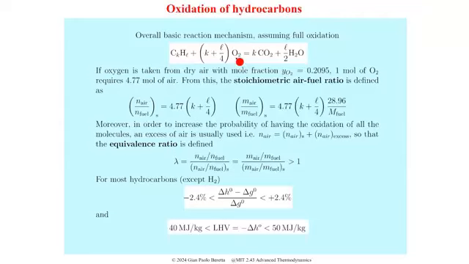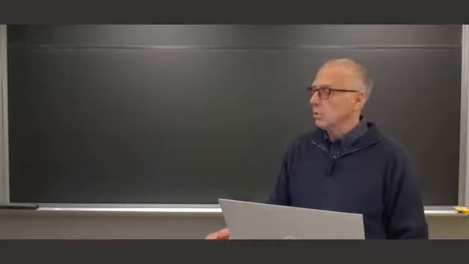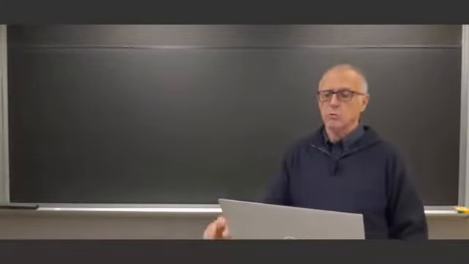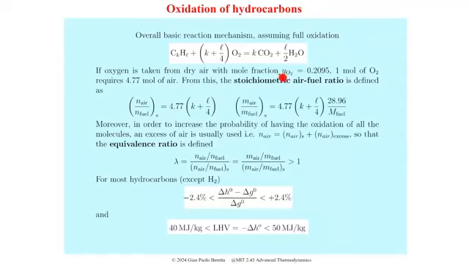And so oxygen is going to be only one of the components in the mixture of your oxidant. The mole fraction of oxygen in air is about 21%. So if you want 1 mole of oxygen to be available for your fuel, you need 1 over this, which is like 4.77 moles of air.